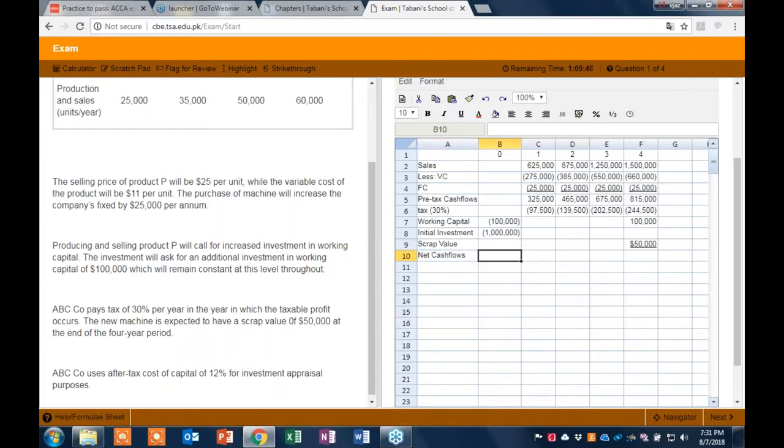To calculate the net cash flows, we will sum all the figures from these pre-tax cash flows till the last row. Then I'll just copy this value and paste it in the rest of the cells to find out the net cash flows for every year.